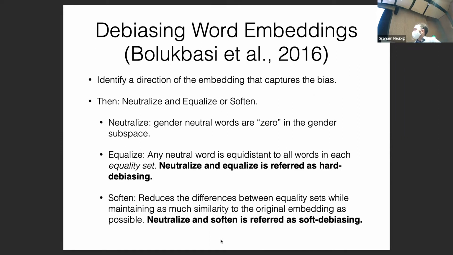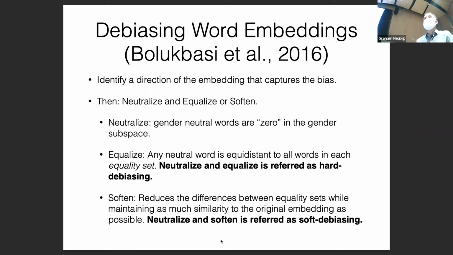There's also work on debiasing word embeddings. This is a very famous paper that started interest in the field. The way this works is we identify a direction of the embedding that captures bias. You come up with a set of words like male, female, man, woman, waiter, waitress, and you find the average vector direction between these pairs of gendered words.